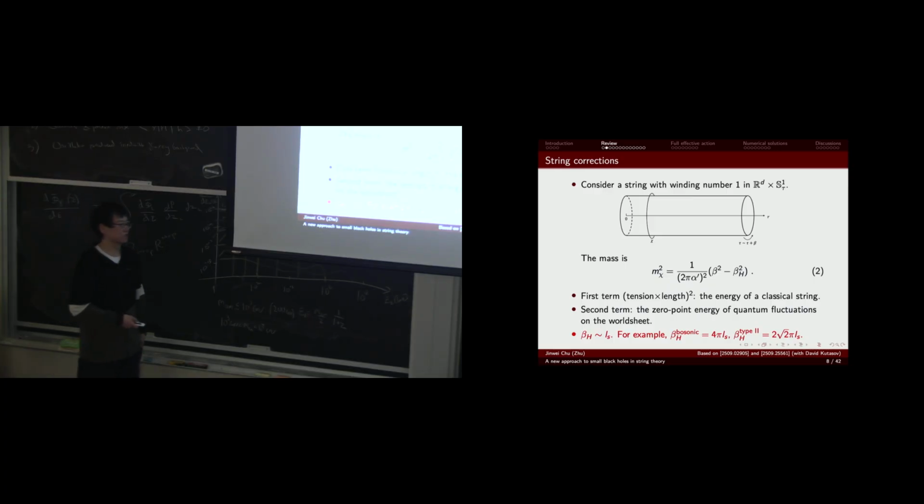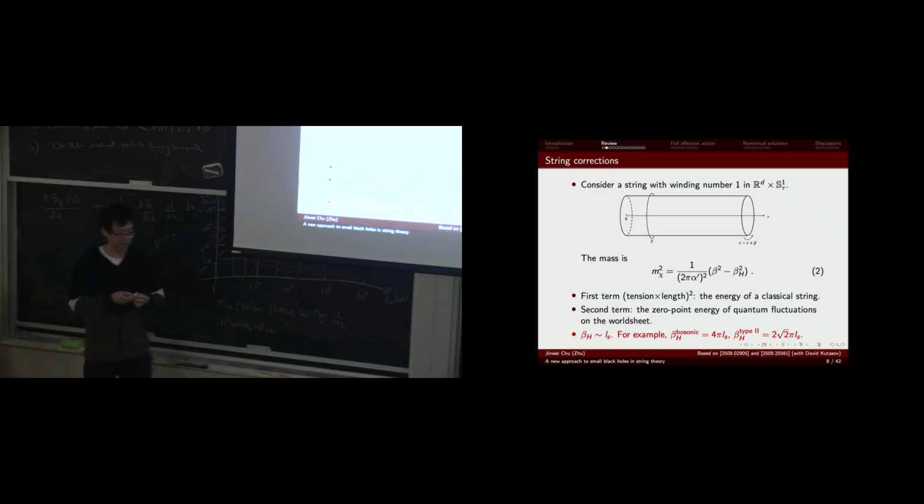Yeah, and I think similarly it is true in type II string theory, but the subtlety is that usually we say GSO projection would project out the tachyon state, but if we consider a winding string, the GSO projection is kind of opposite of the usual GSO projection. So it cannot project out the tachyon state.